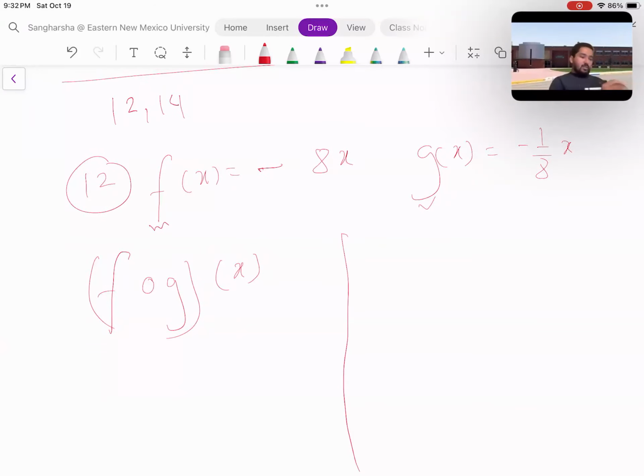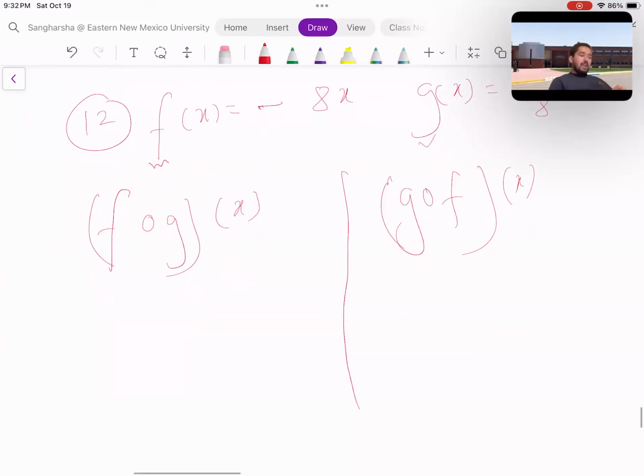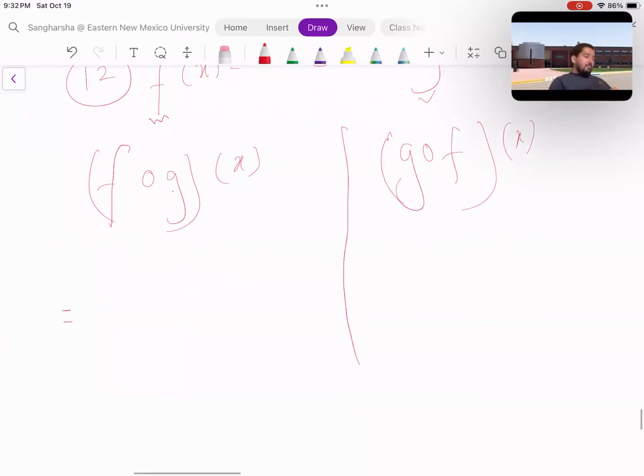And also you find g composite f of x. And if you have x as your final answer for both of these expressions, your functions are inverse of each other.